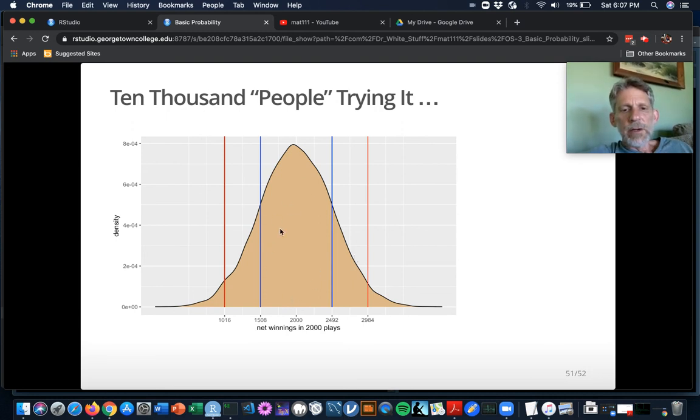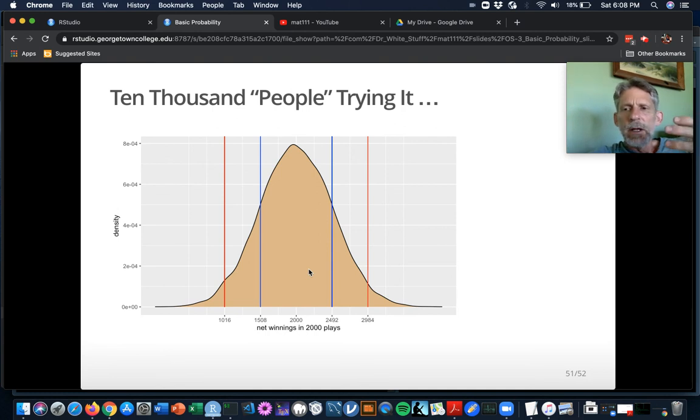This diagram here is a density curve for trying it out with 10,000 people. Each one gets to play that game 2,000 times and sum the results. And the blue lines here are at the expected value minus a standard deviation and the expected value plus a standard deviation. I want you to look at the area of the density curve that's between those two blue lines. That really does look like a majority of the curve.